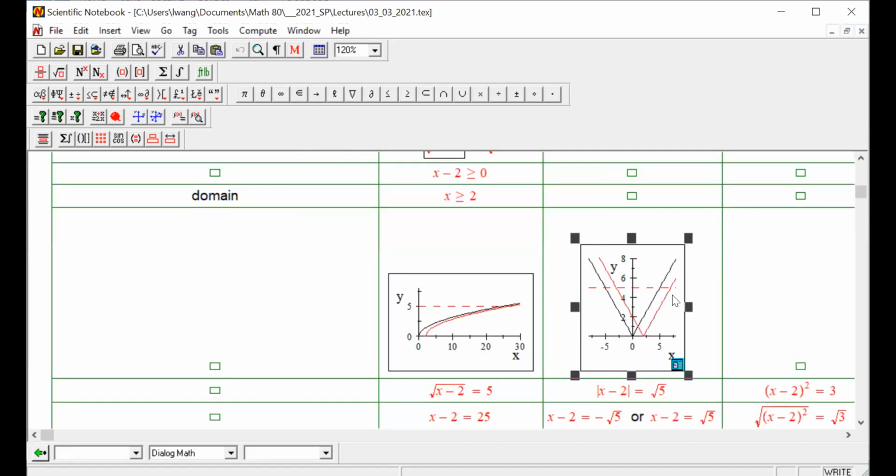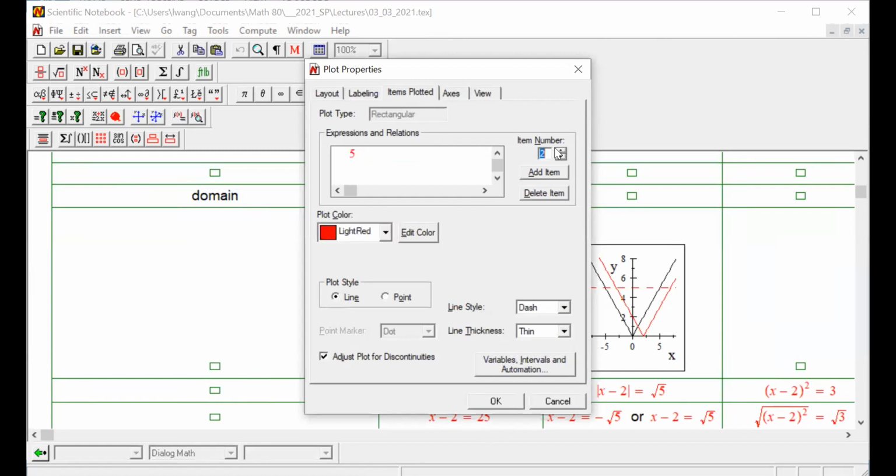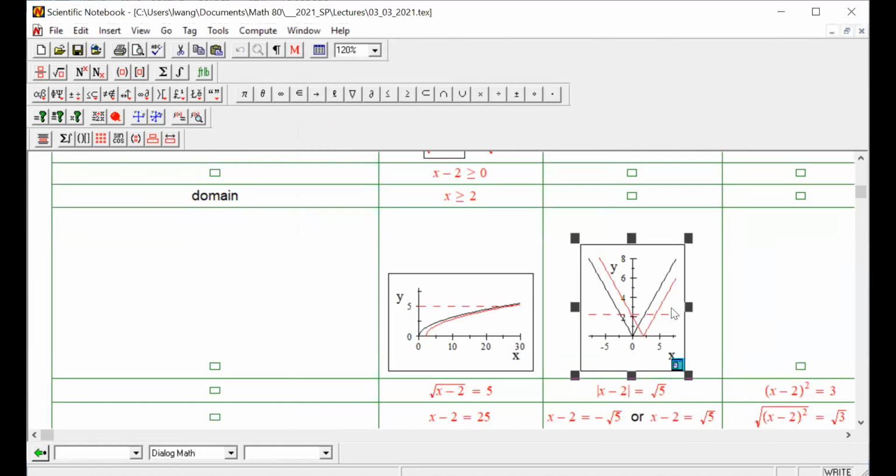You can see the new picture is shifted to the right by two units. But the crossing with root 5 is still the same. Of course, instead of 5, it's the square root of 5. The crossing hasn't changed. It's just crossing the red one.